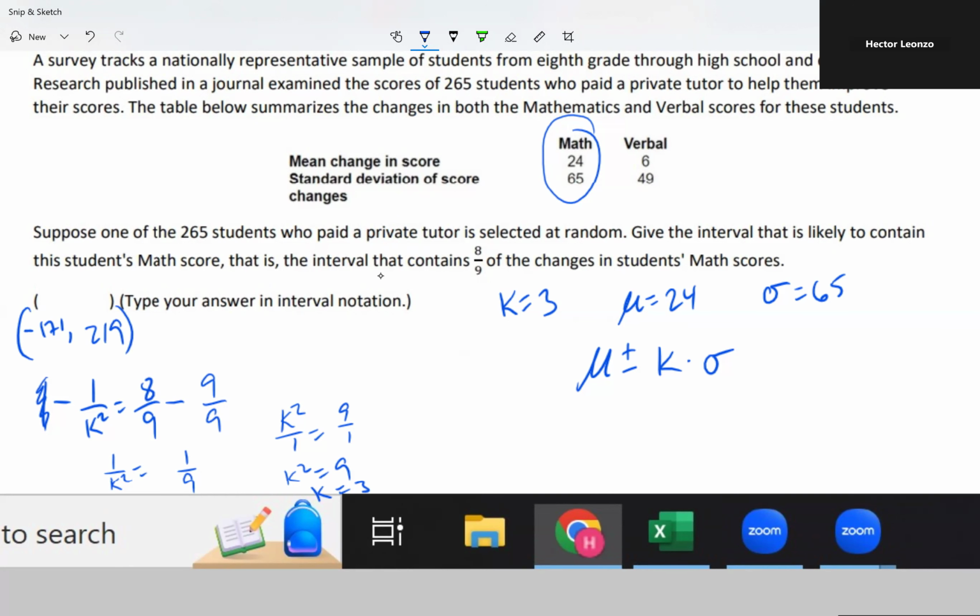Nice. Okay, so what does this mean? 8/9 is a big, big number, right? 8/9 of the students will be in between negative 171 and positive 219. That's going to be their scores.